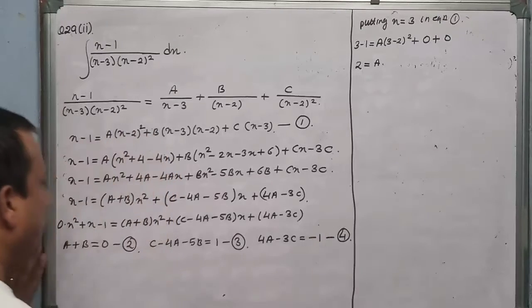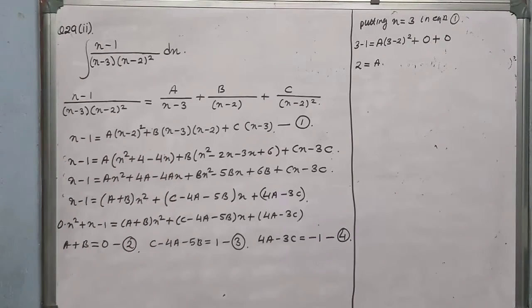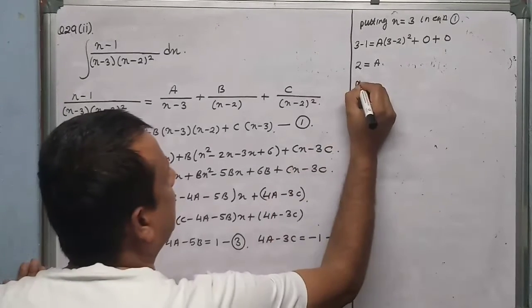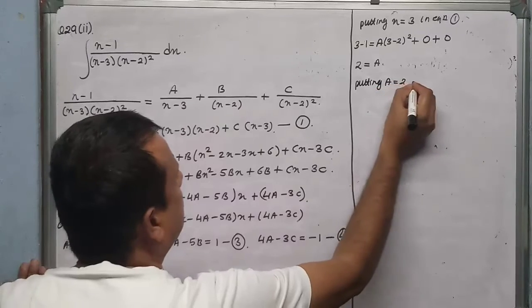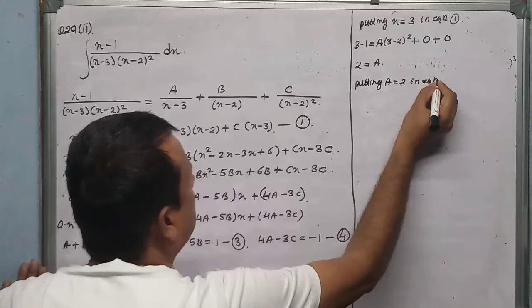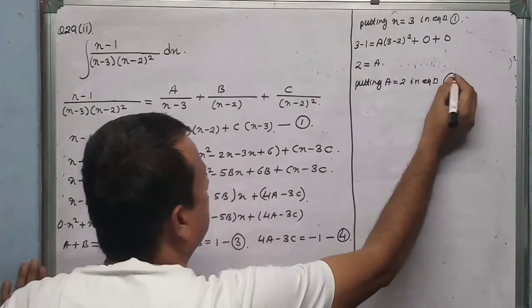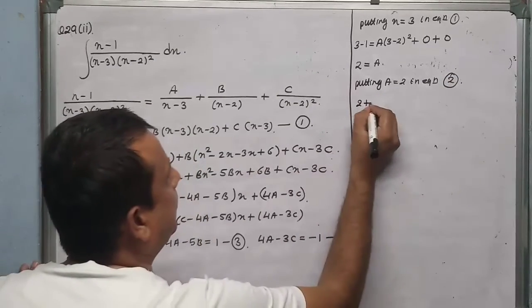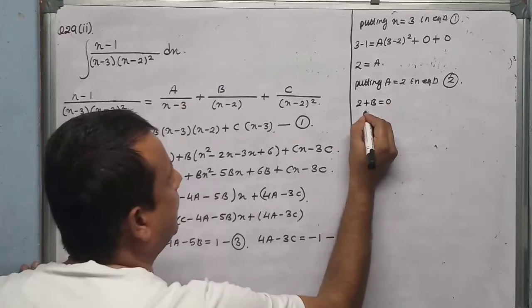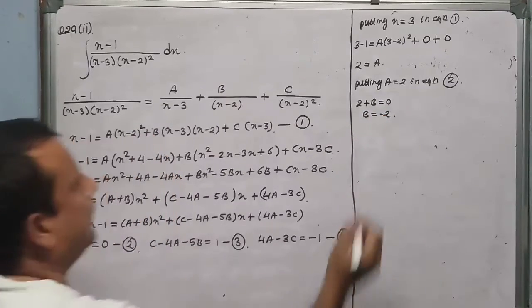So a is equal to 2. After getting a equals to 2, if I substitute 2 here, easily we can calculate the value of b. Putting a equals to 2 in equation 2: 2 plus b is equal to 0, then b is equal to minus 2.